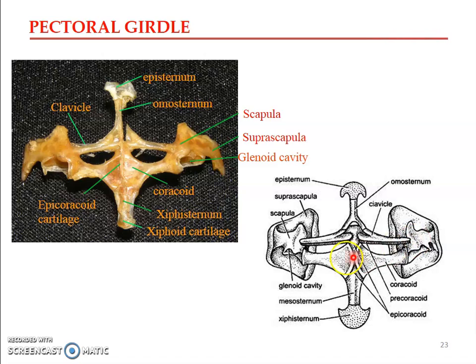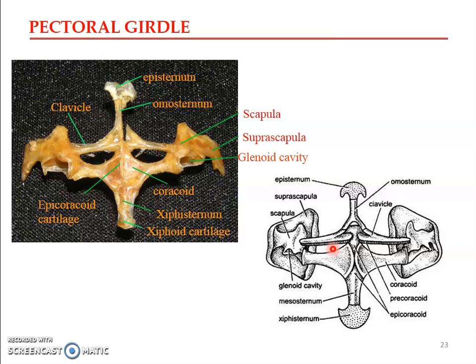With regard to each half of the pectoral girdle, the ventral part is formed of the coracoid portion, while the dorsal part is formed of the scapular portion. The coracoid region is composed of a clavicle, then the coracoid, precoracoid and epicoracoid bones.